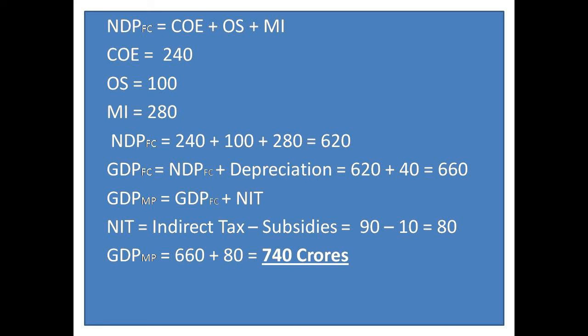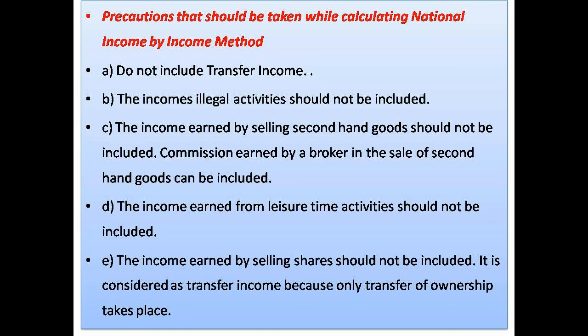So we have discussed nearly 8 problems. You need to work out more problems to get yourself thorough in the calculation of national income by income method. Let us have a look at the precautions that should be taken while calculating national income by income method.